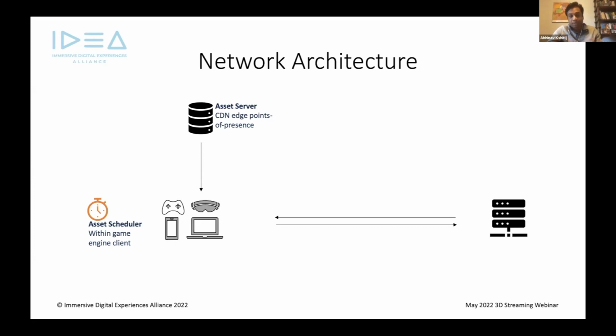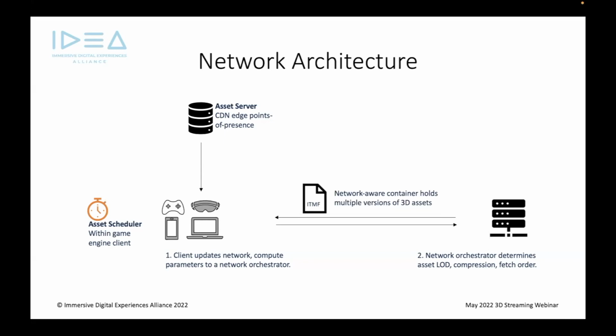So how this would work can be broken down into three major steps. Step one, the client updates its network and compute parameters to the network orchestrator. Upon receiving that information, the orchestrator determines the asset LOD, compression, and the fetch order for different assets. And then it bundles that into an ITMF container that contains the reference to multiple versions of the 3D assets.